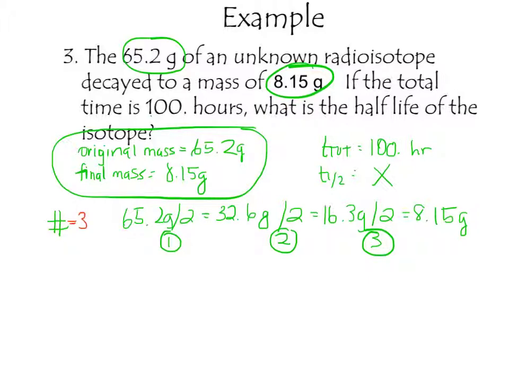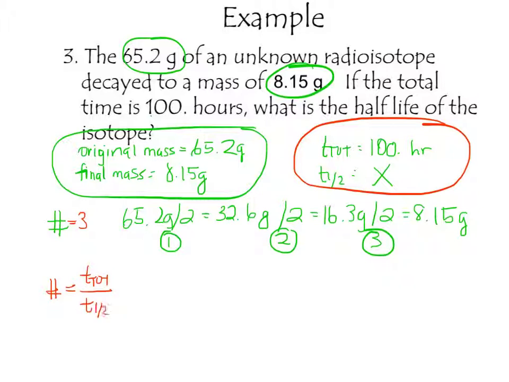Since we know that we went through 3 half-lives, now we can find out what the half-life is. One thing you need to know is that in order to find a number using t total and t half, this is the equation in order to figure it out. But since we're looking for t half, this guy right here, we need to rearrange this equation.